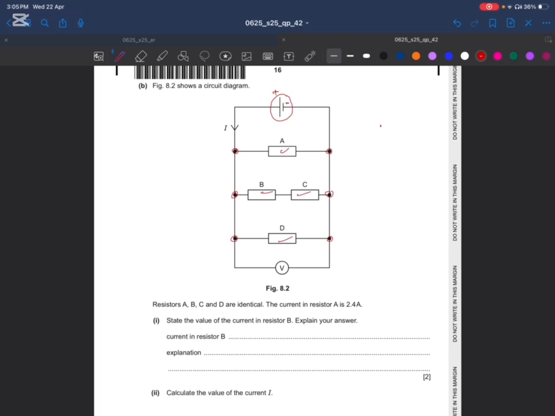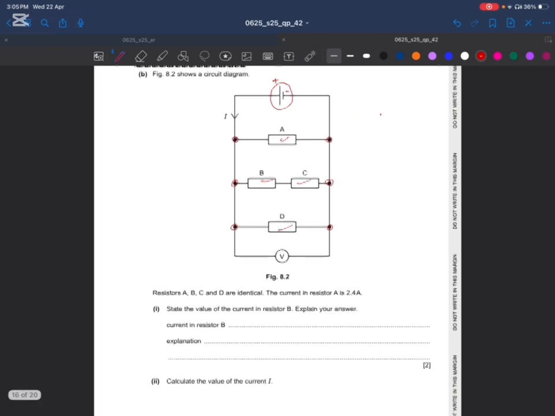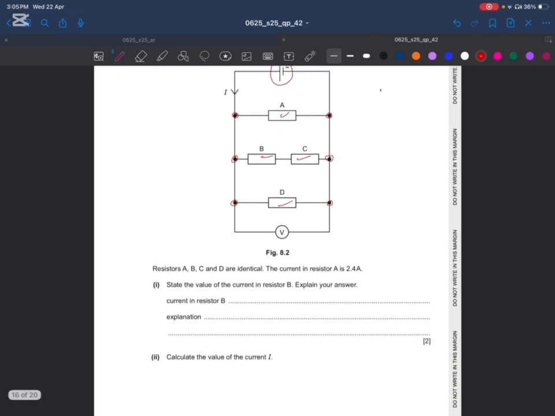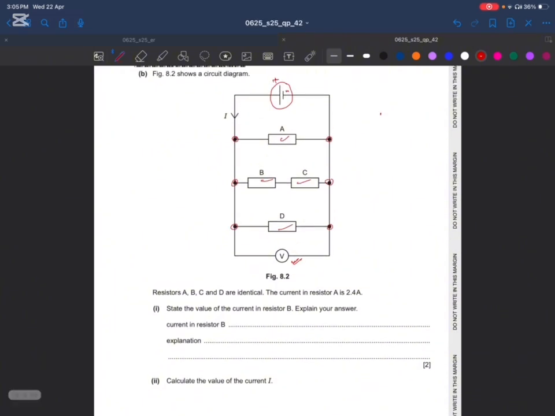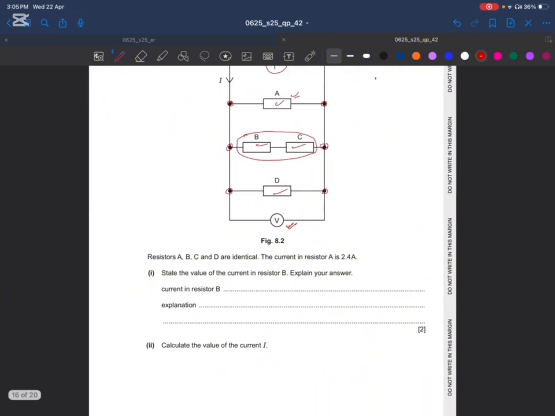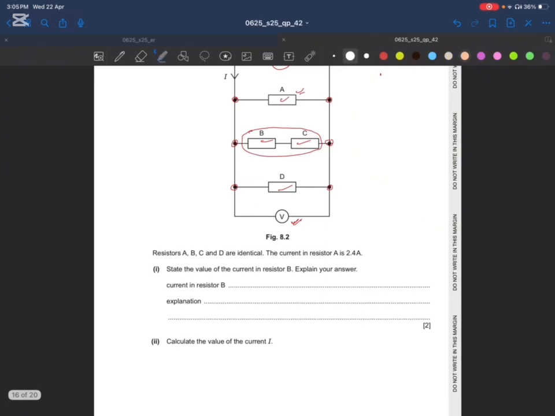Obviously here the voltmeter is also given, which can measure the potential difference. But here B and C are in series, so the overall potential difference between B and C will be measured by the voltmeter. What they are saying now, the resistors A, B, C, D are identical, meaning they have the same value. The current in the resistor A is 2.4.